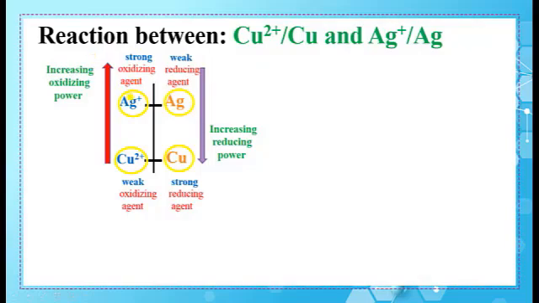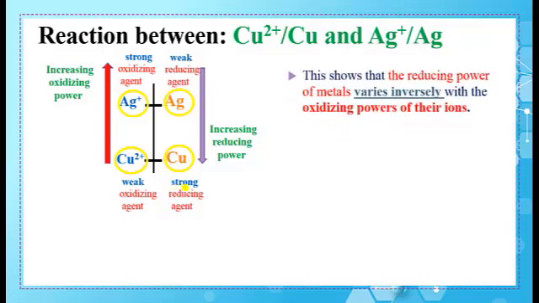Look here, Ag+ is a strong oxidizing agent, while Ag is a weak reducing agent. Also, Cu2+ is a weak oxidizing agent, while its metal is a strong reducing agent.